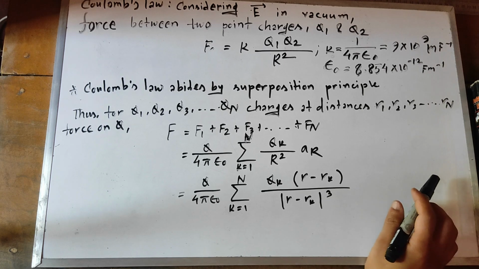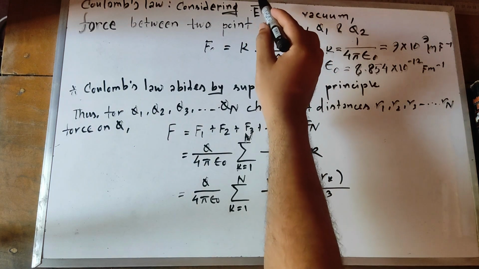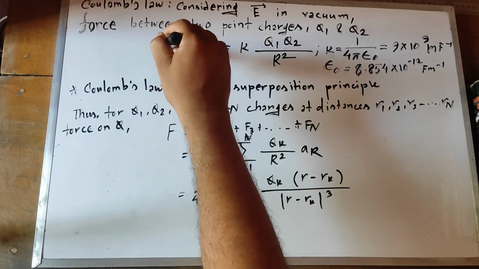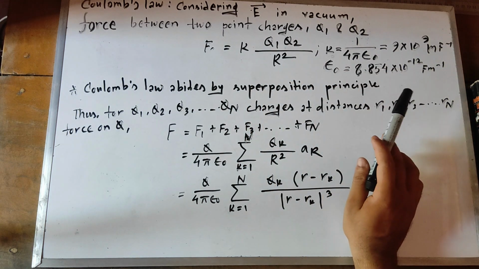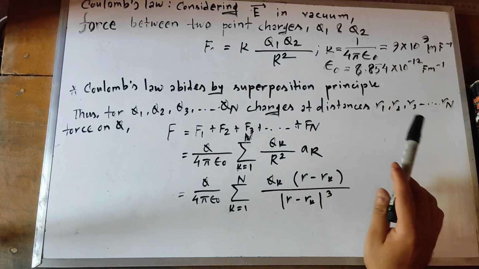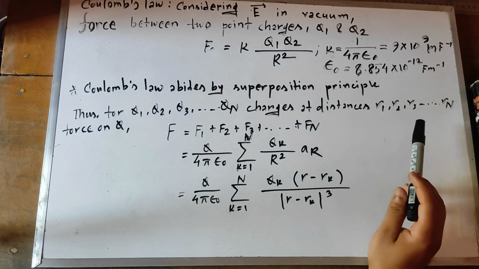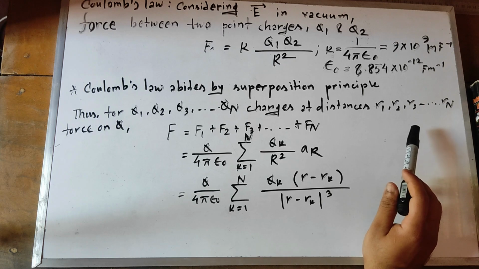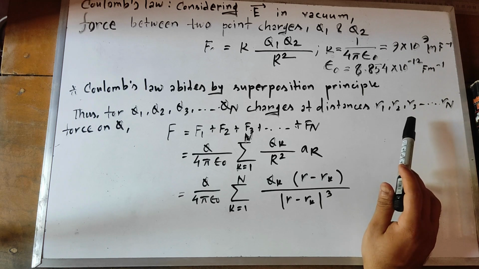First, Coulomb's law. Coulomb's law is similar to the law of gravitation. It's a law of force, which states that, considering a static electric field in a vacuum, the force between two point charges q1 and q2 is F equals k q1 q2 by r squared, where r is the distance between q1 and q2. The force is felt by both charges.